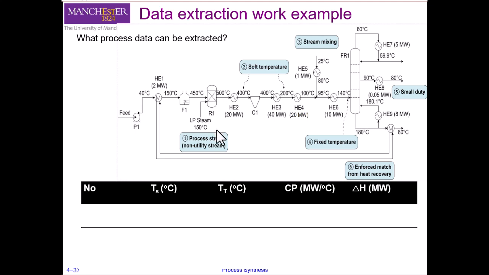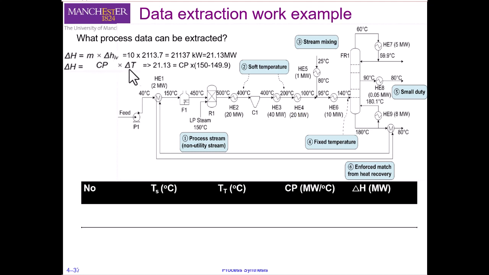We know from the question that its supply temperature is 150. We also know its mass flow rate and its heat of vaporization, so we can calculate the heat duty of this steam as 10 times the heat of vaporization, which is this many kilowatts. Converting into megawatts, that would be 21.13 megawatt.